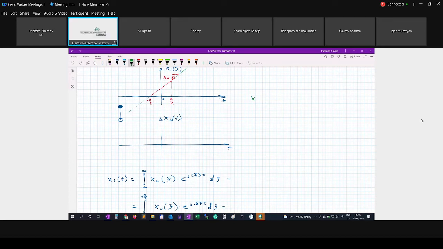So how do we do this? First of all, we write what we know about this line. We know that at the point minus b over 2, and then we write the general equation for a line. But what's the general equation for a line?